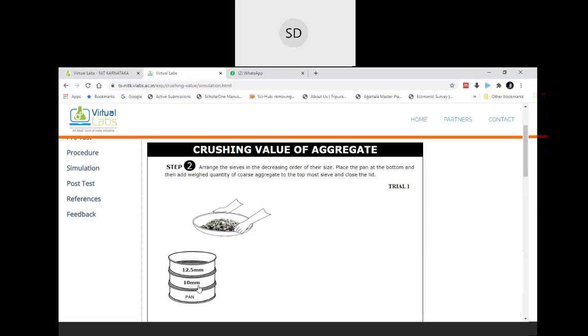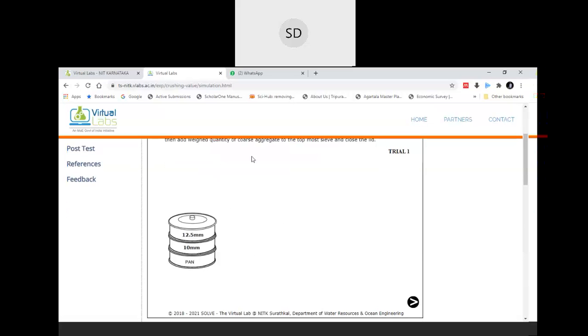The aggregate which passes through the 12.5 mm sieve and is retained on the 10 mm sieve is the only aggregate required for our testing purpose. Put your aggregate there, close the lid, and then sieve the aggregate.